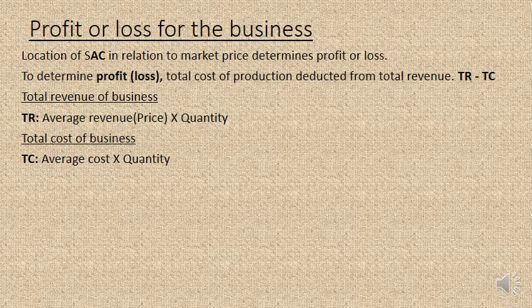So the next thing you need to be able to do is to calculate and to recognize what profit the business is making. So here we are looking at the individual business's graph, and you must be able to say just by looking at it whether it's economic profit, normal profit, or economic loss.